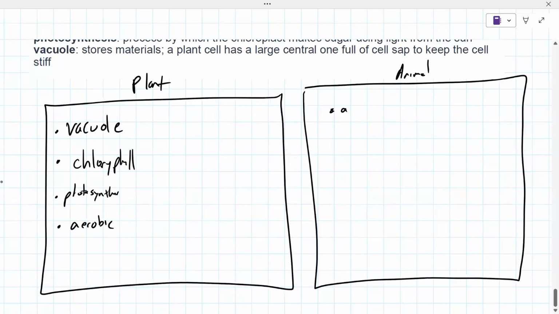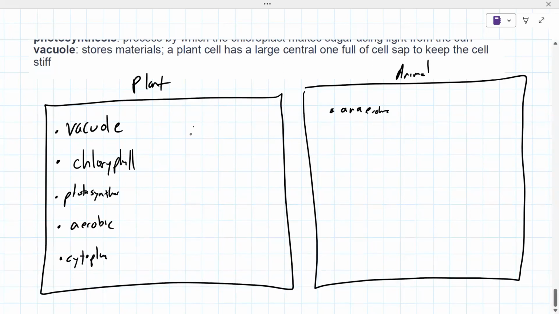Animals are traditionally anaerobic. You and I are anaerobic like that. Okay. What else here? How about cytoplasm? Where do you think cytoplasm goes? Is it a plant or an animal thing? Plant. It's probably a plant, yeah.